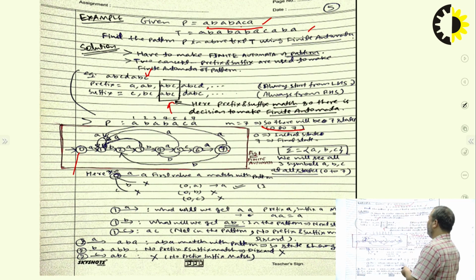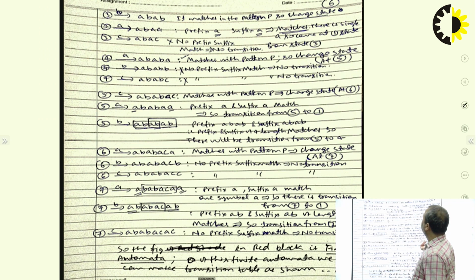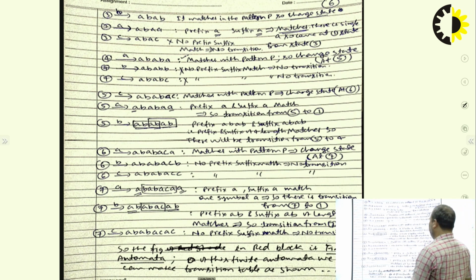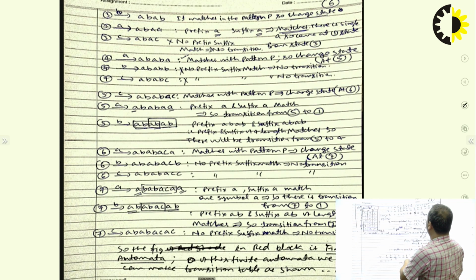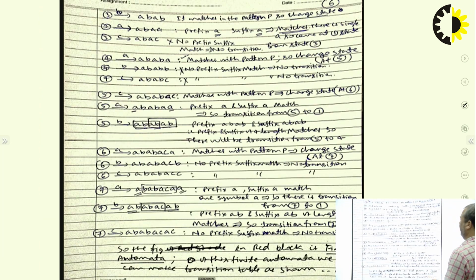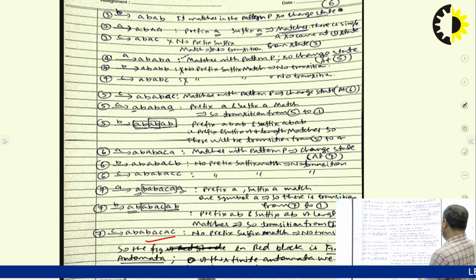So the next state becomes 4. This is the process, and at last we will reach the complete pattern, ABABACA. Here there is no prefix and suffix match, so no transition.